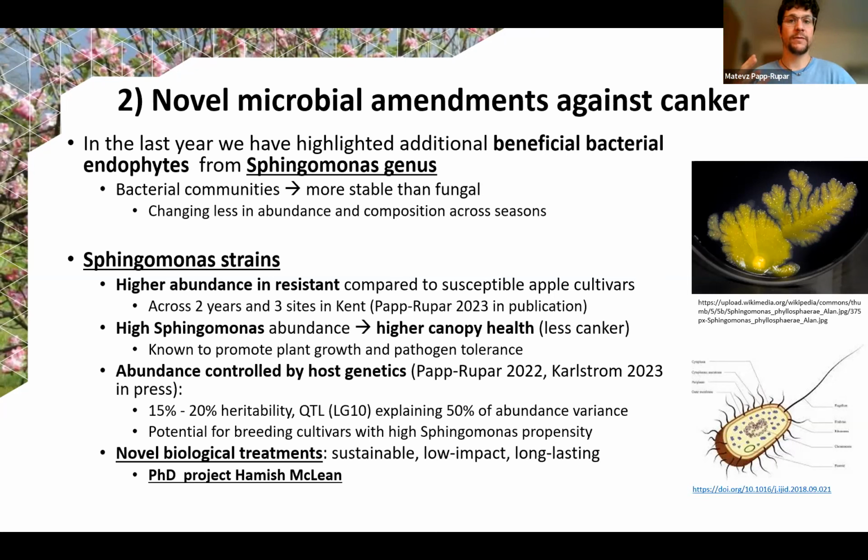So by looking across different sites in Kent and across two different seasons, we found this Xiangming bacteria, which were really highly abundant in resistant compared to susceptible cultivars again.